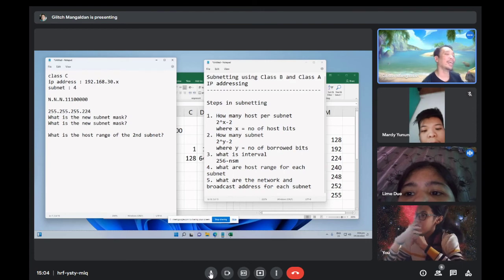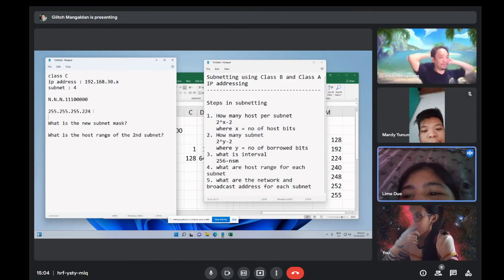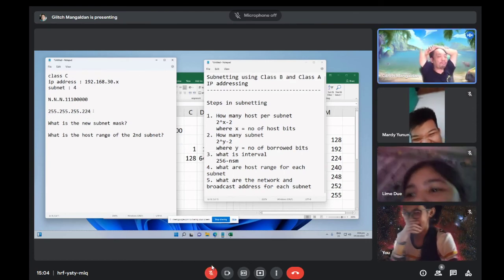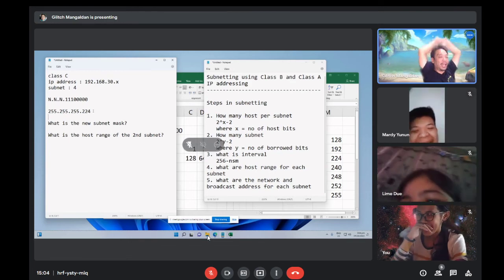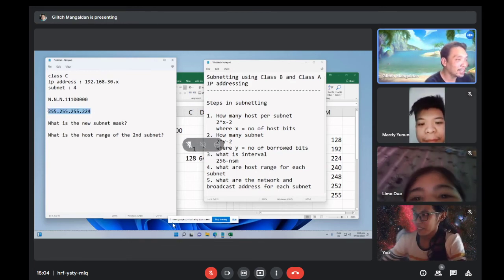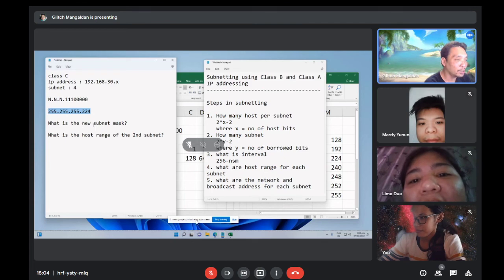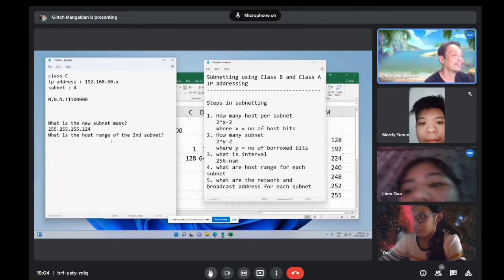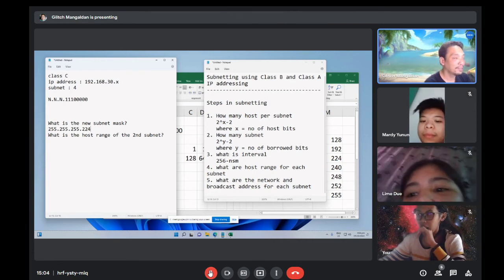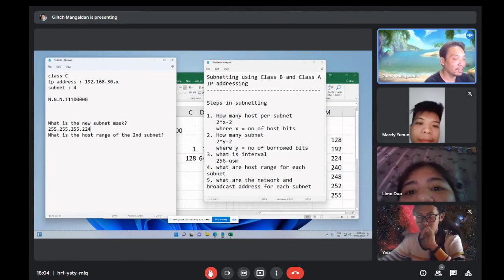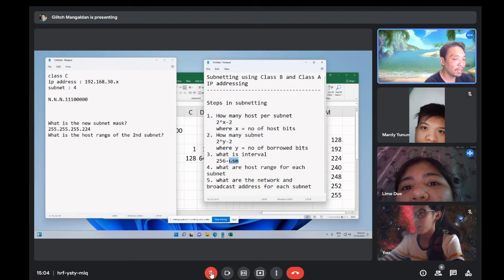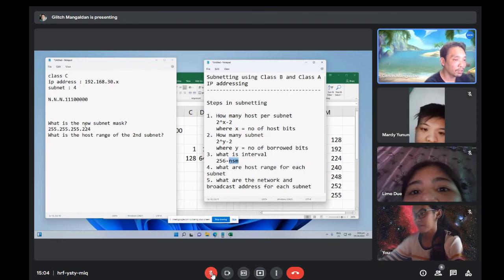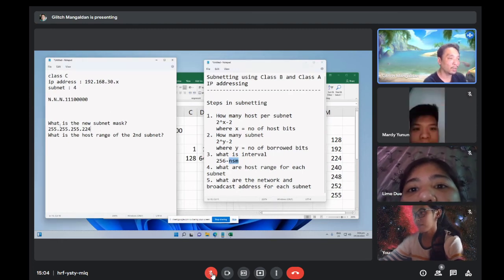Very good. 224. Ito yung answer natin sa question number 3: What is the new subnet mask? Kung ano yung subnet mask na na-compute mo rito, yan yung answer mo dito sa question na to.